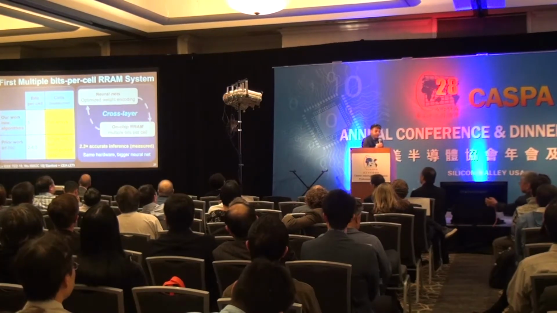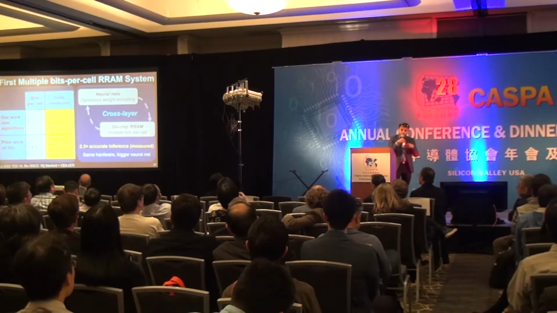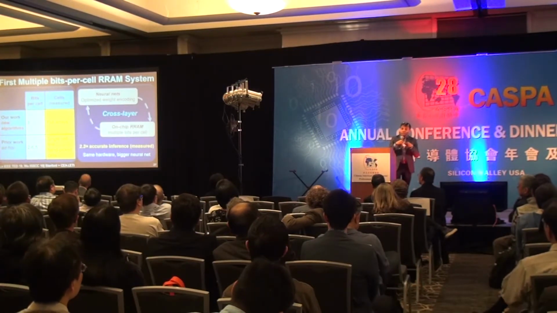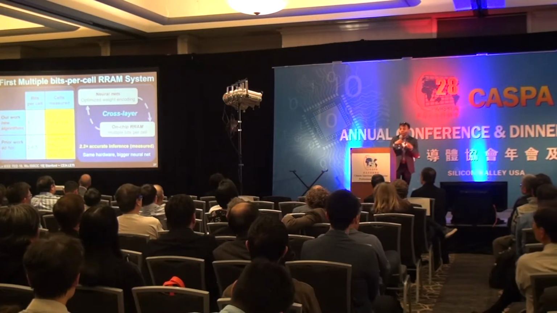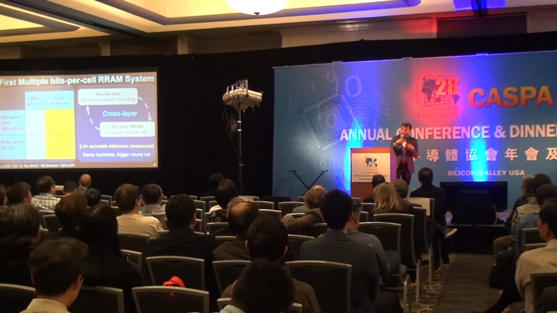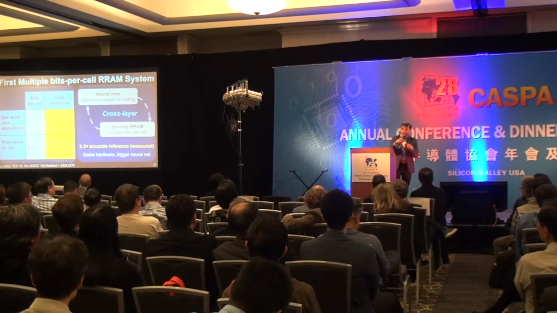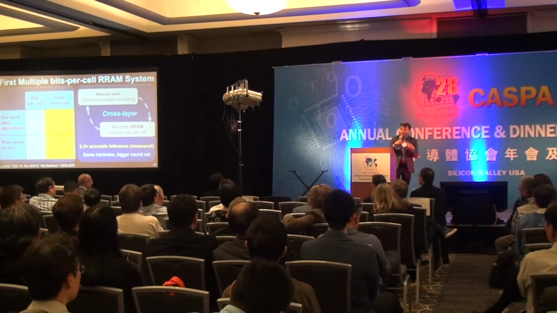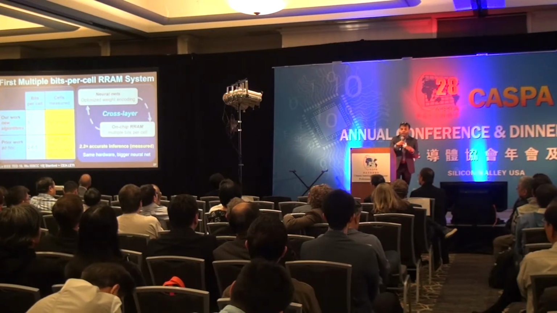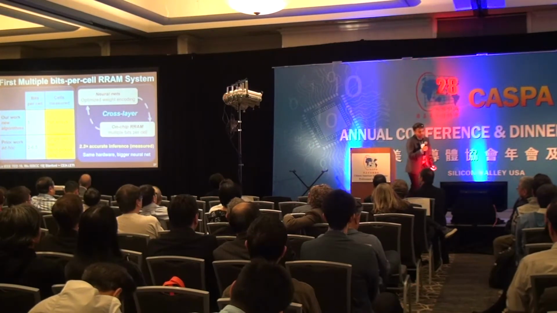Of course that requires a lot of interaction between layers, because the way people would think about multiple bits per cell for flash would not work for resistive RAM. You have to think about architecture and even application, how you encode your weights, so that in case there are overlapping distributions of multiple bits per cell, you're still resilient and you are improving the overall inference accuracy.